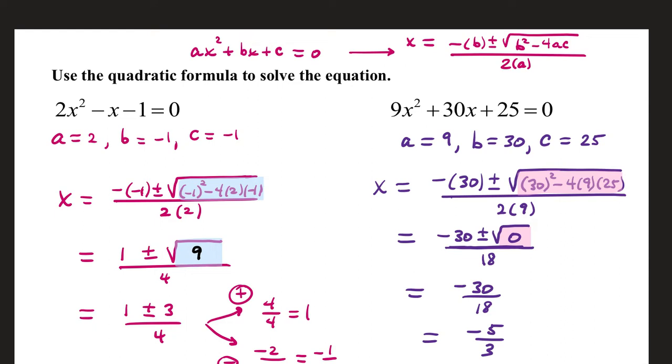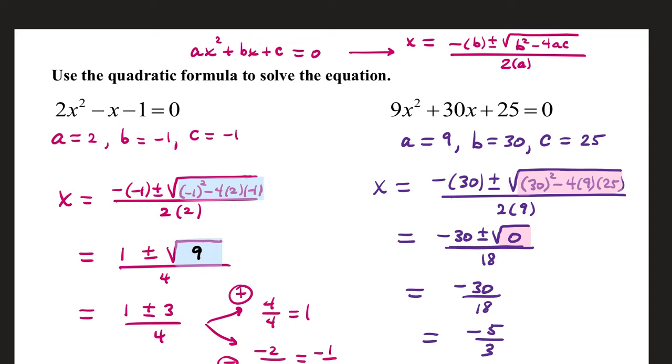Really, that just means put all your terms in order on one side of the equation, and once you do, those particular numerical values for a, b, and c will go into the formula at the top right of your screen: negative b plus or minus the square root. You'll recognize that as the discriminant, b squared minus 4 times a times c, and then all of that gets divided by 2 times a.